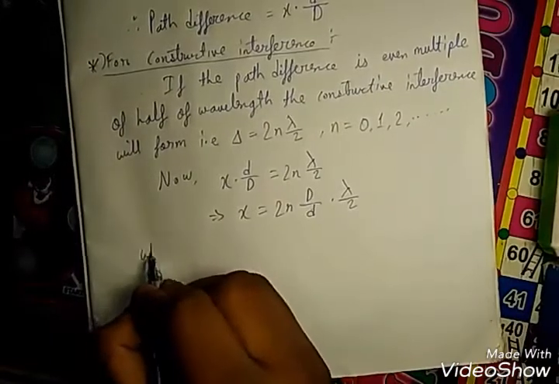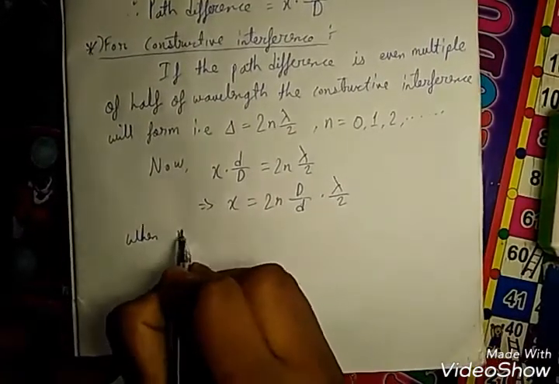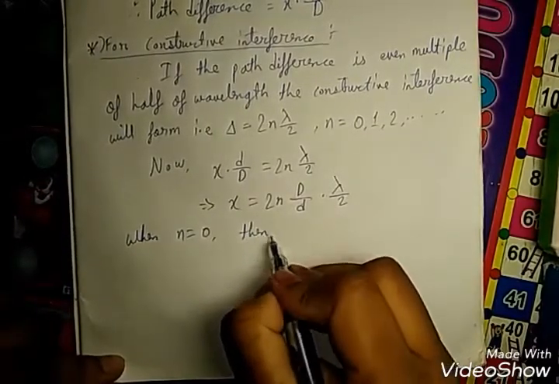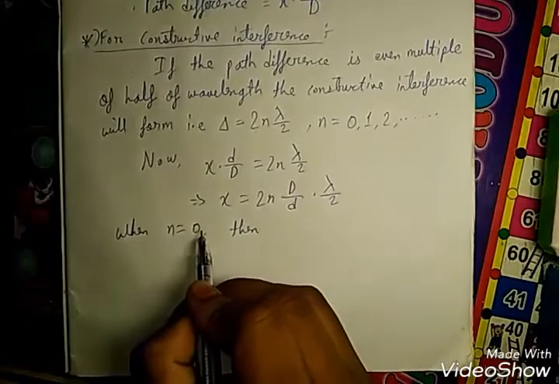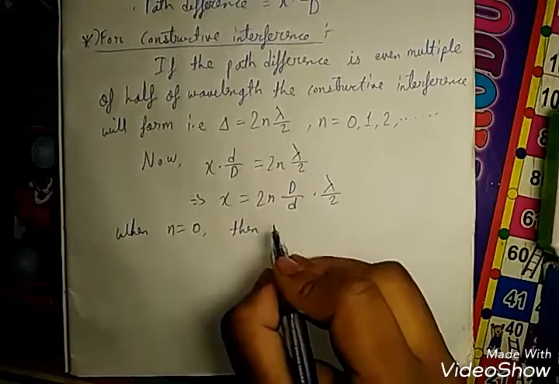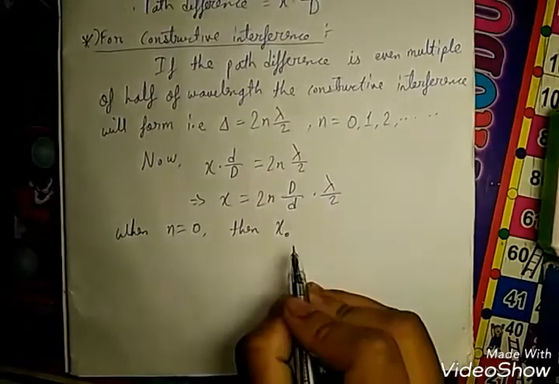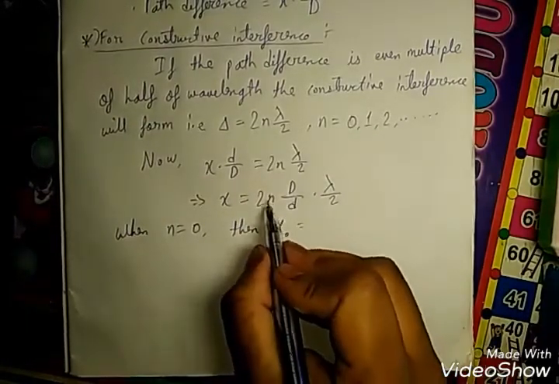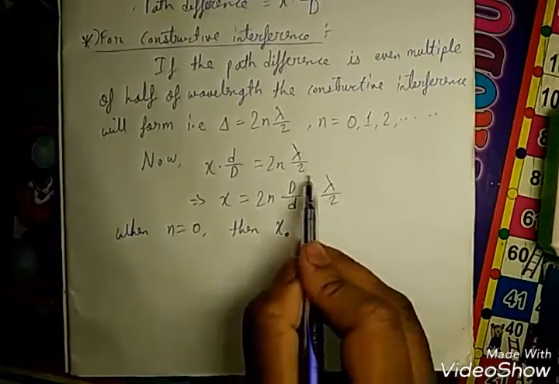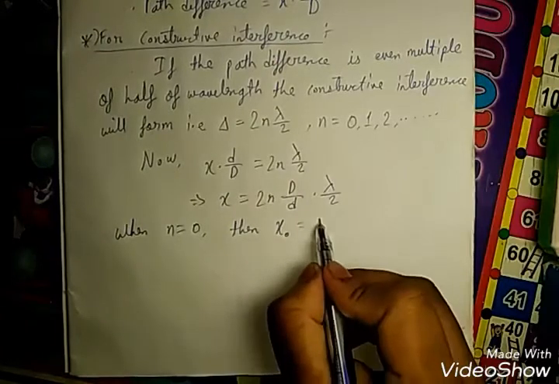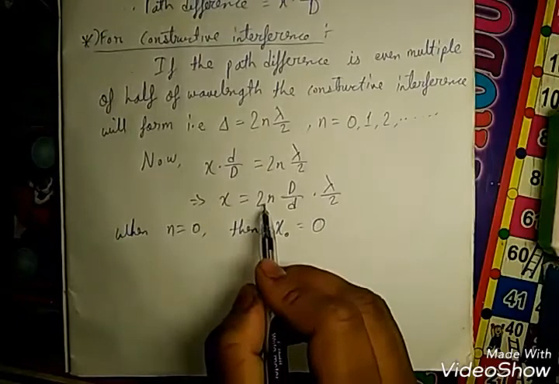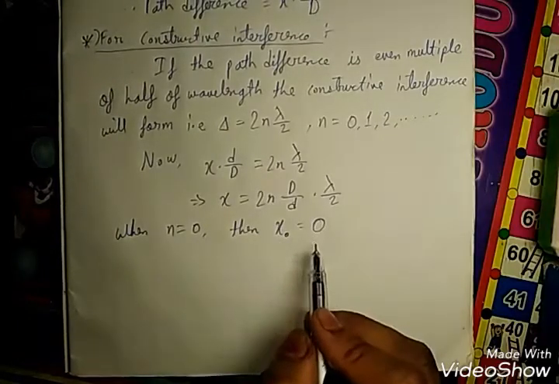Now, when n is equal to 0, we can write xn as x0, and since n is 0, the whole product is 0, because any number multiplied by 0 is 0. So x0 is equal to 0.